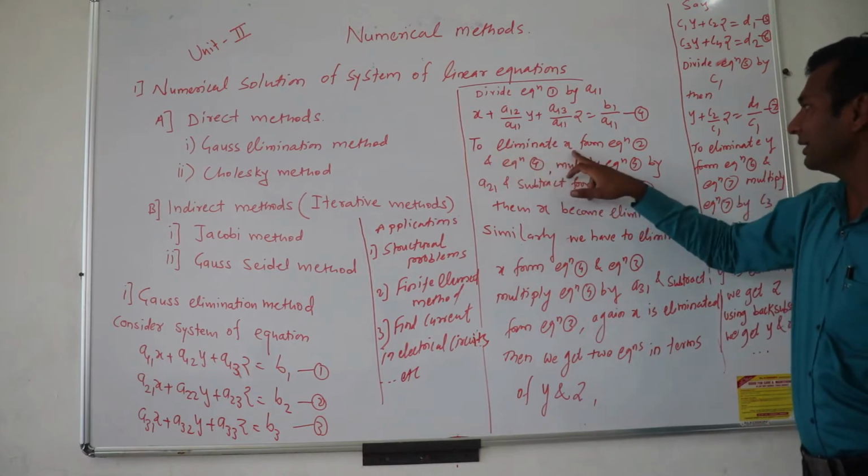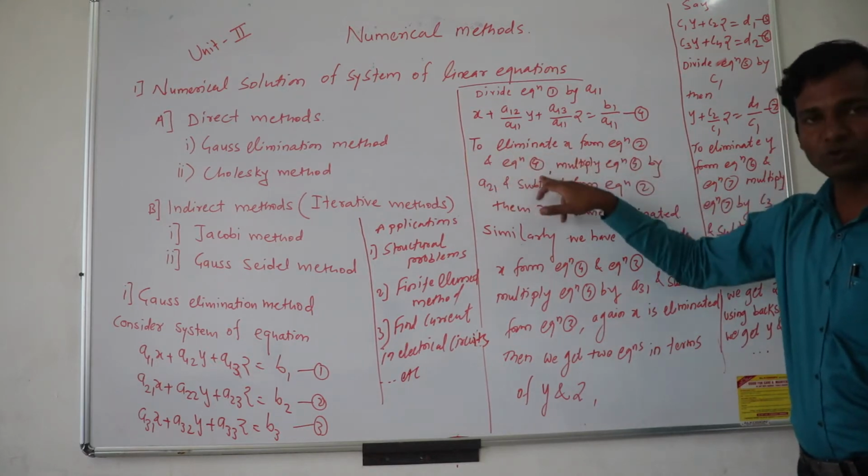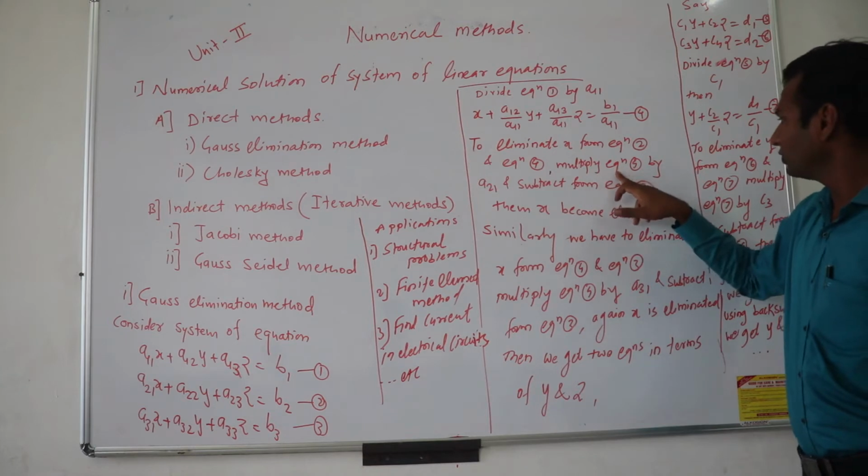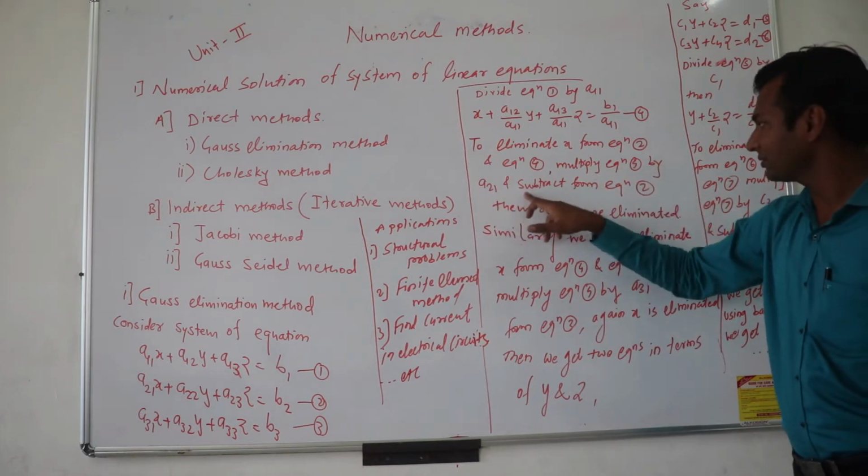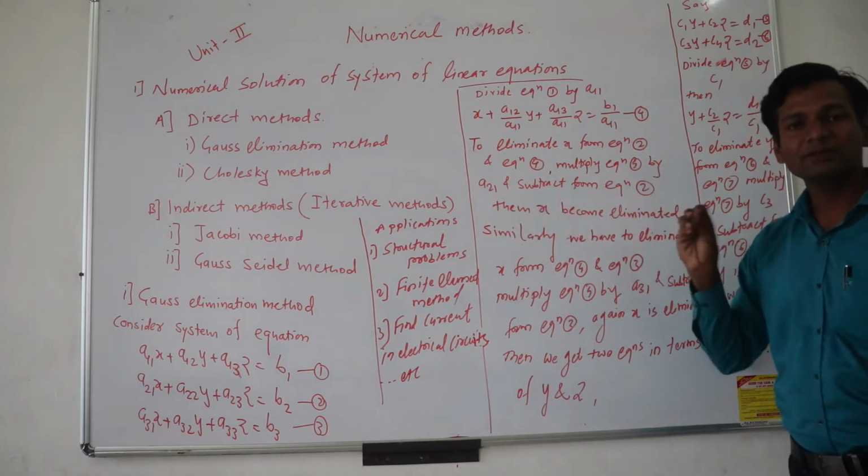To eliminate x, multiply equation 4 by a21 and subtract it from equation 2, and x is eliminated.